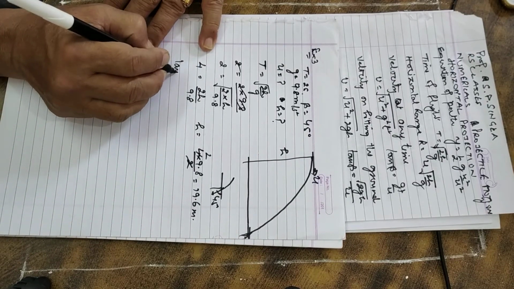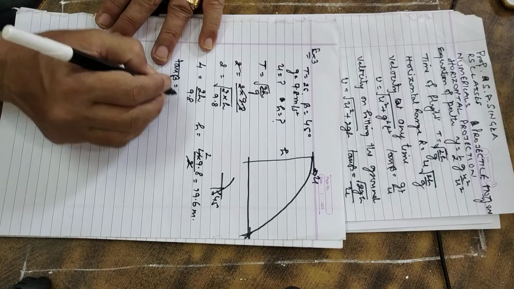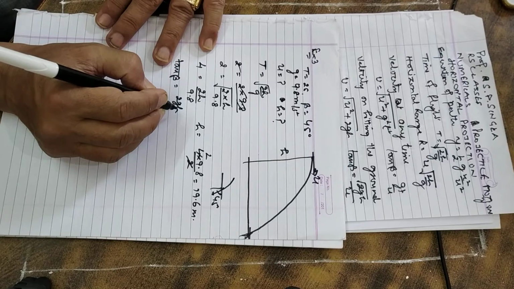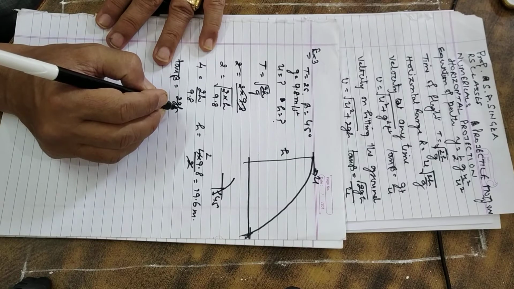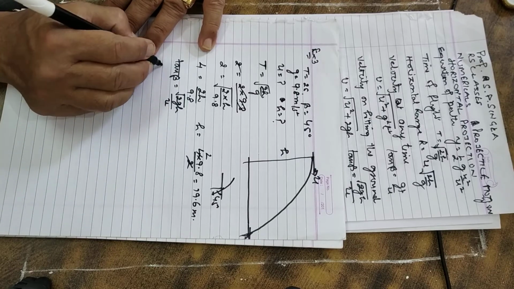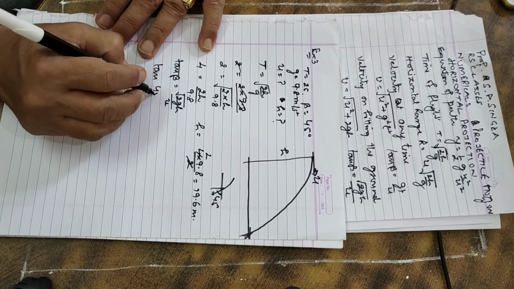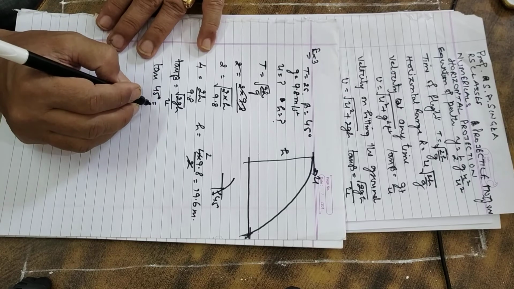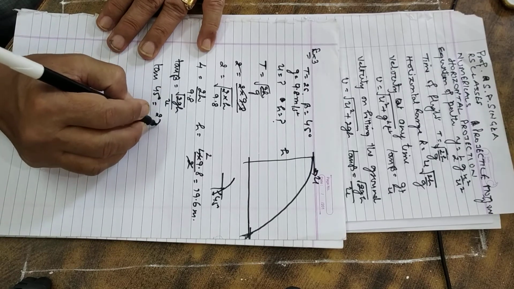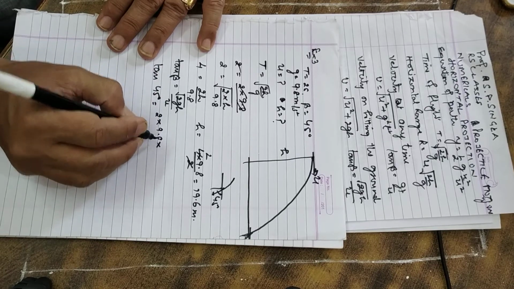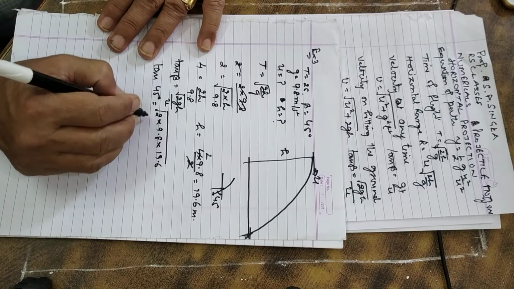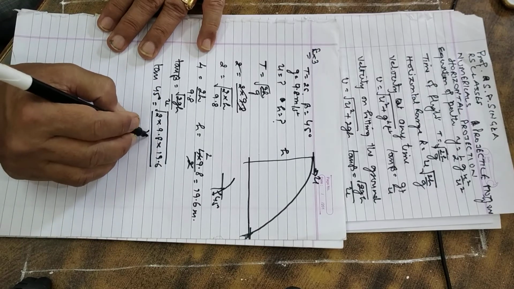Then again we are given tangent beta. Tangent beta is under root 2gh upon u. Tangent 45 degrees is equal to under root 2gh, 2 into 9.8 into h, 19.6, under root upon u.